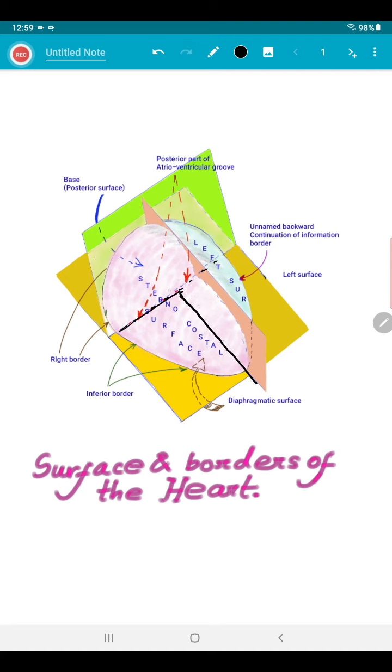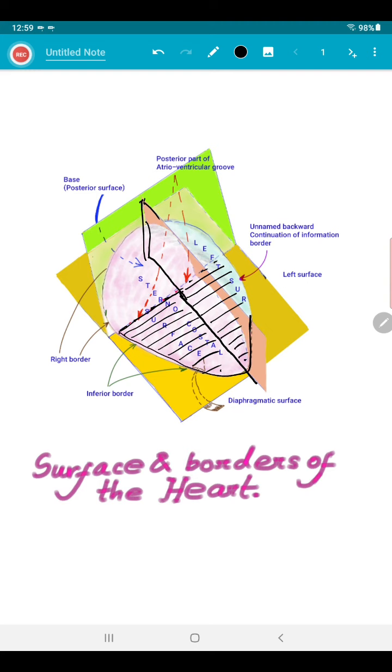If you imagine cutting the heart along the red sagittal plane, then this portion is sitting on the yellow diaphragmatic surface, isn't it? So this entire surface is the diaphragmatic surface of the heart.